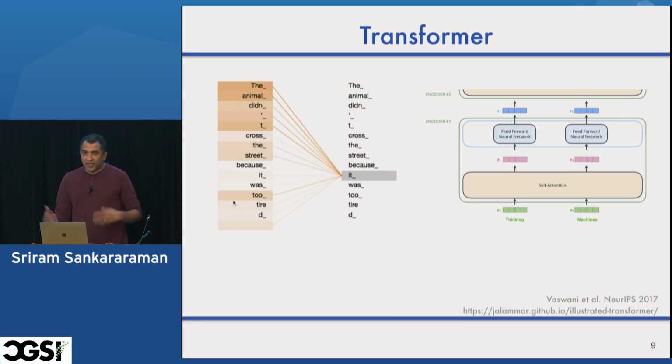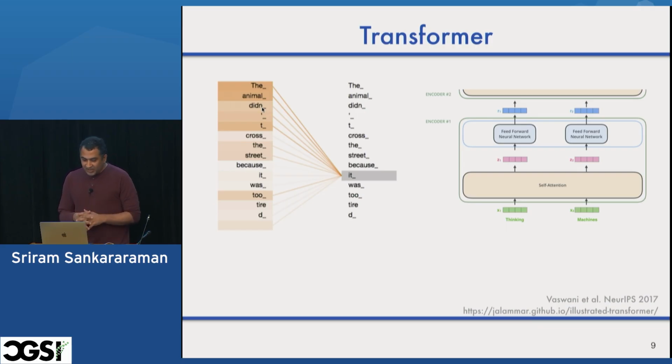So you want this context to actually filter into any such word. In this example, you want it to be able to refer to the fact that "it" refers to the animal in the sentence. So this is something that the model needs to be able to learn in an unsupervised way.